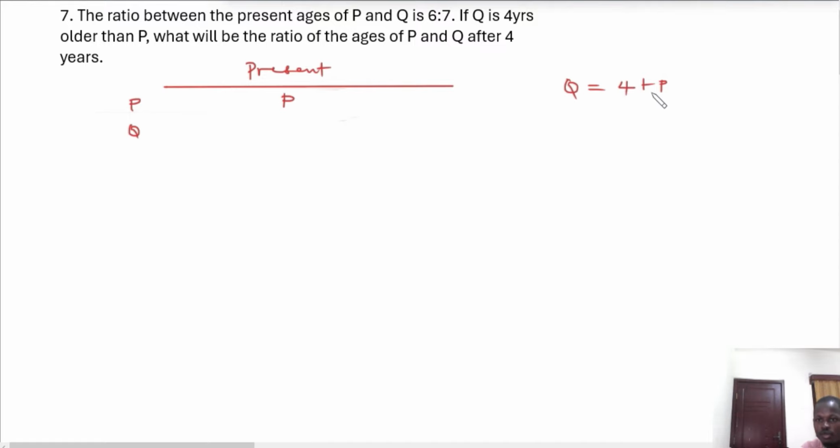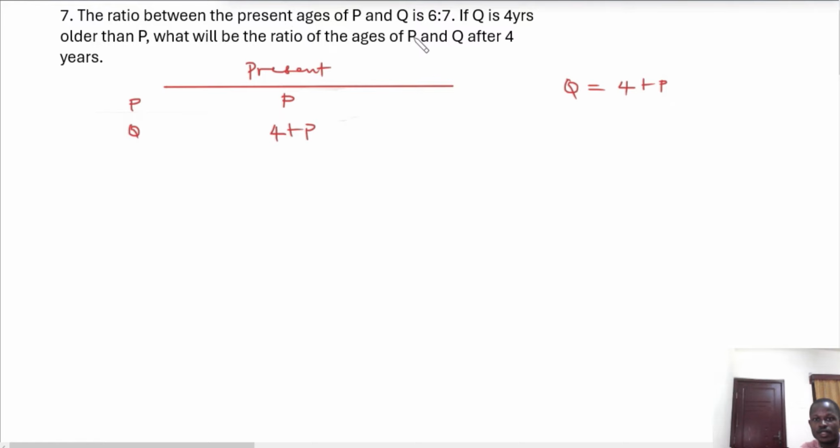So 4 plus P gives you Q's age. We are not going to write Q here, we're just going to write 4 plus P. That's the present age of Q, 4 plus P. Now we are done with this.